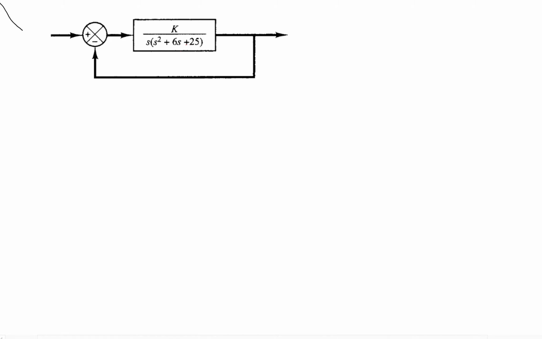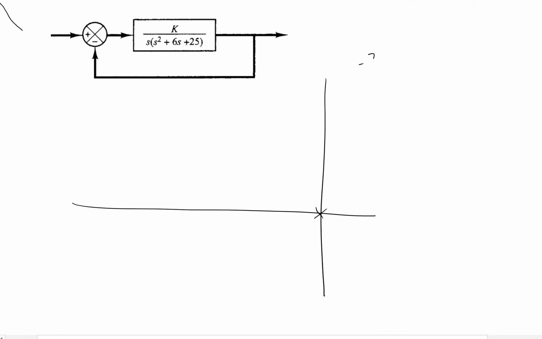We can look at the root locus. We're going to plot the points on here, and I've already done the math on this. We've got a couple of complex poles at minus 3 plus or minus 8j, out here and out here.